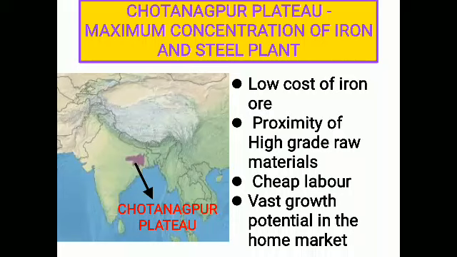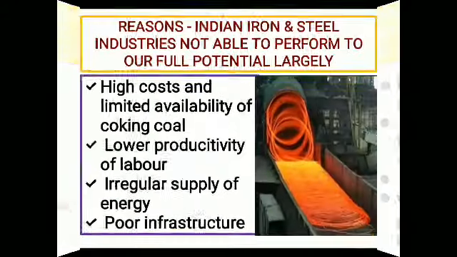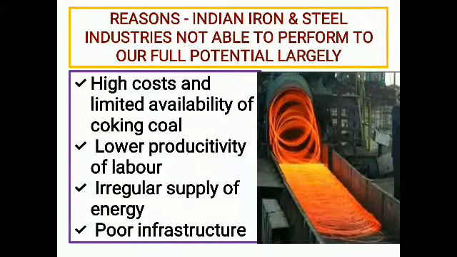Even though we have all these facilities for the maximum concentration of iron and steel plants, we are not able to compete with the world market because we are not performing to our full potential. What is the reason? The high cost and limited availability of coking coal.